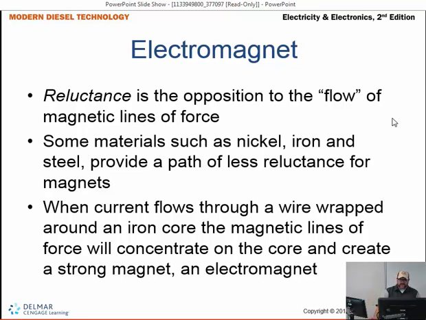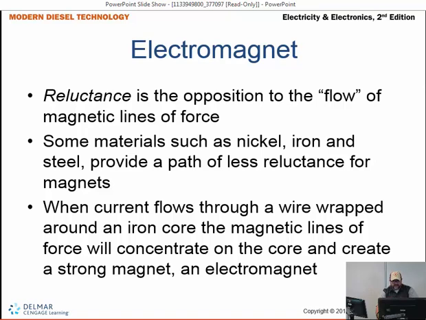That's why you'll see iron cores in motors. Iron's cheaper than nickel, so that's why you're going to see iron and steel in there. Nickel's in there somewhere too, especially in the metallurgy or the compounds that we use. But typically we use that steel and that iron.